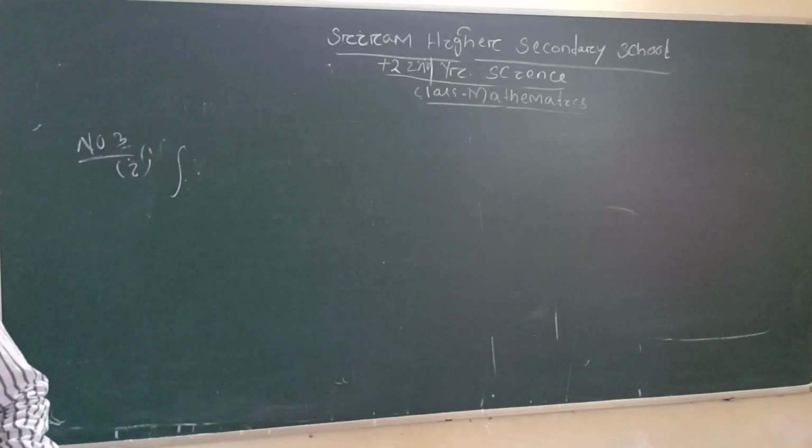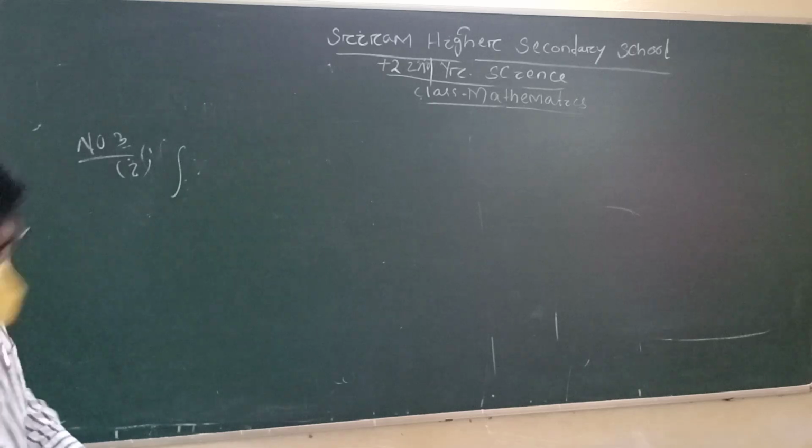Number 3I. Number 3I is equal to x ln 1 plus x.